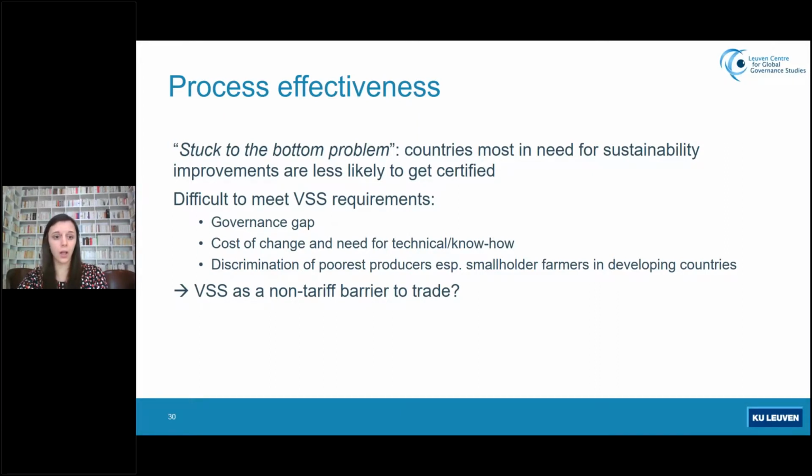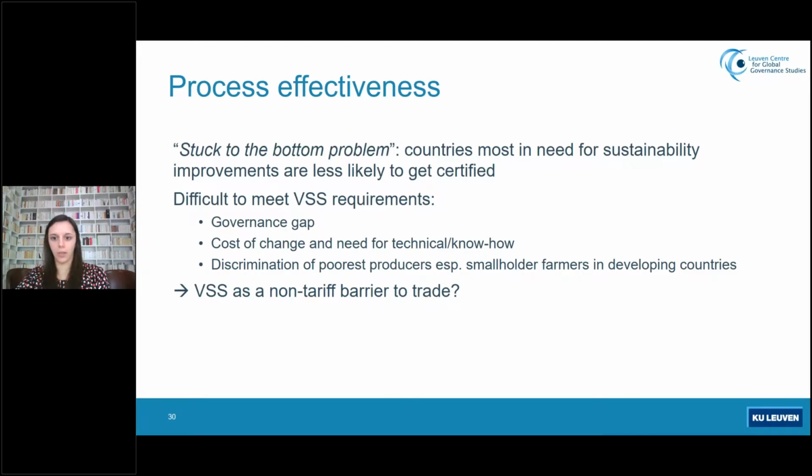And this is actually for several reasons, because there is an important governance gap, for example. So this means that in those countries, government regulations are often quite low, and the producers are used to low requirements in their practices. So if they want to comply with VSS requirements, it involves for them a lot more investment costs, and they need to change a lot of practices.